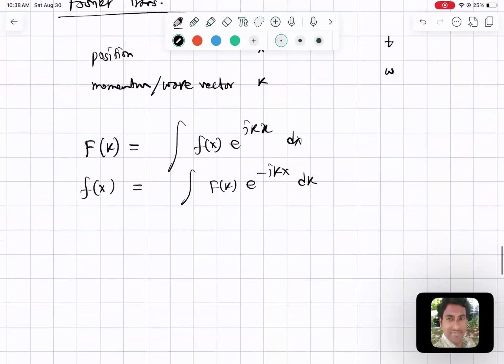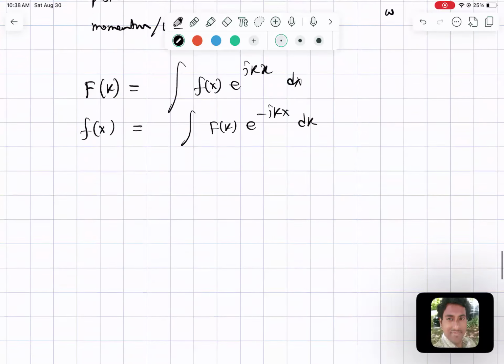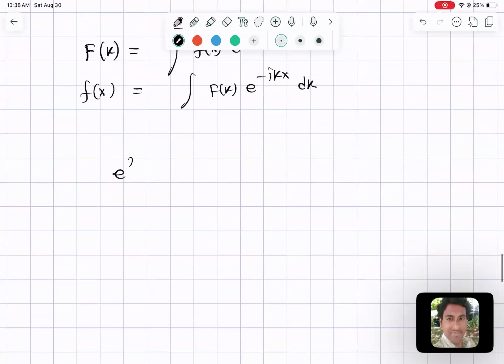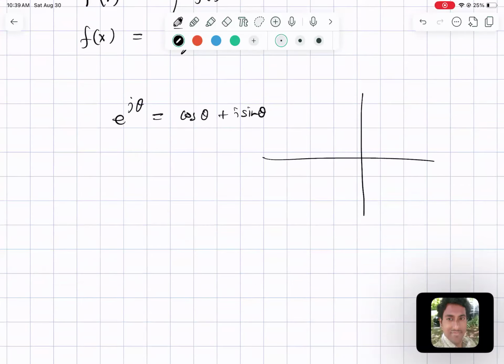Now, what are these actually? So if you remember, if you write just e to the power i theta, that's cosine theta plus i sine theta. And if you plot it in a complex plane, imaginary and real, make a table: e to the power i theta.